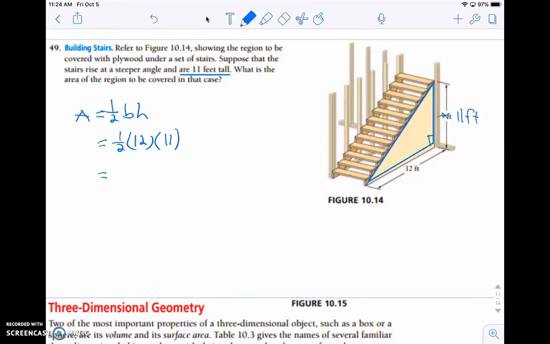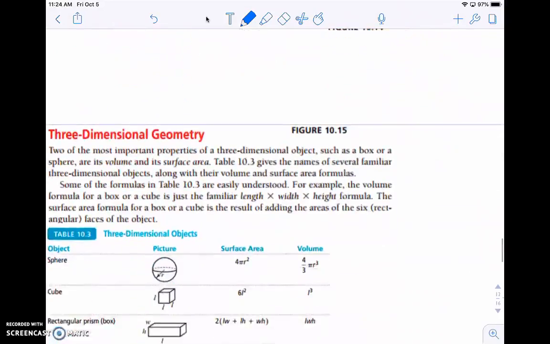And so this is going to be 1/2 times 12 is 6, times 11 is 66. And this is an area, so we're in 2 dimensions: feet squared, or square feet. So again, just remember when we're in area, our dimensions are 2. When we're looking at a length or a perimeter, circumference, those types of things, we are in a single dimension, or 1 dimension.